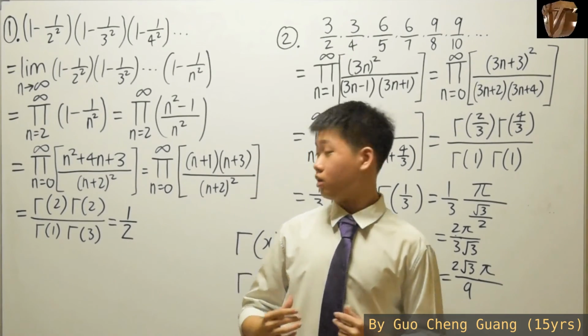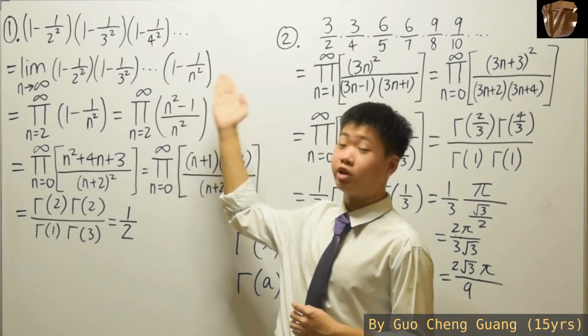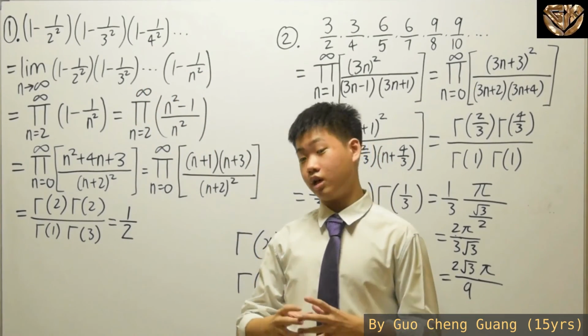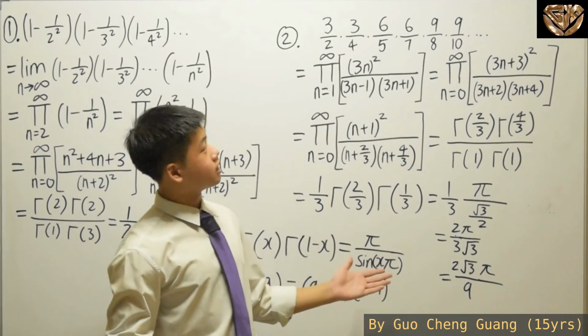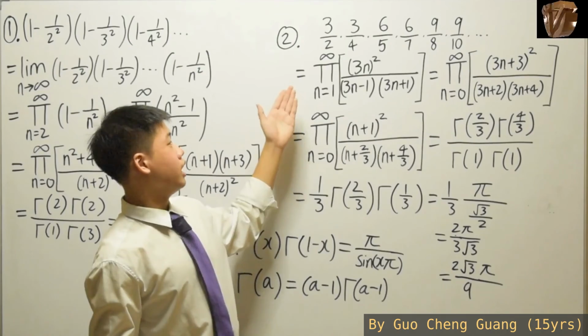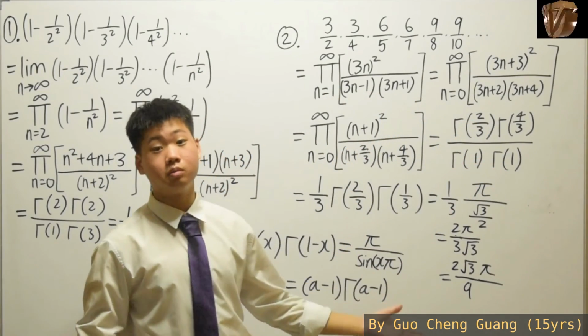But in this lesson, take a look at the first question. You have an infinite number of rational numbers multiplied together, and you get a rational number. But in the second example, although you have infinite rational numbers multiplied together, you get an irrational number.